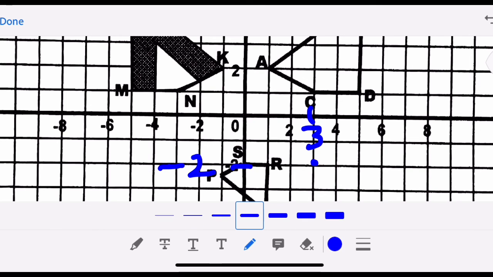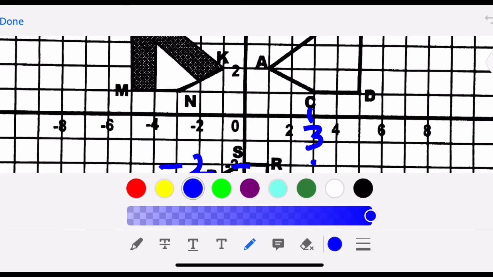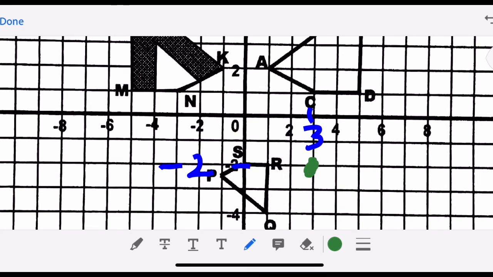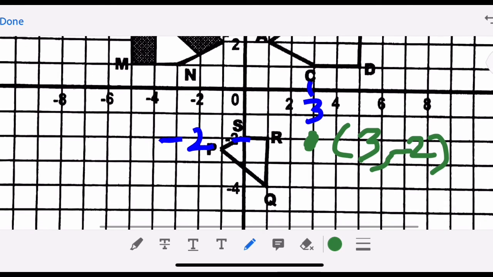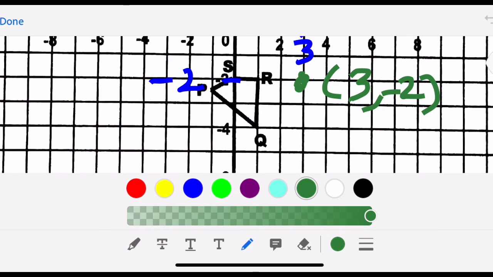Okay, let me choose a point. I want green color. Object always green. So I'm going to do how many times? I'm going to do translation twice.